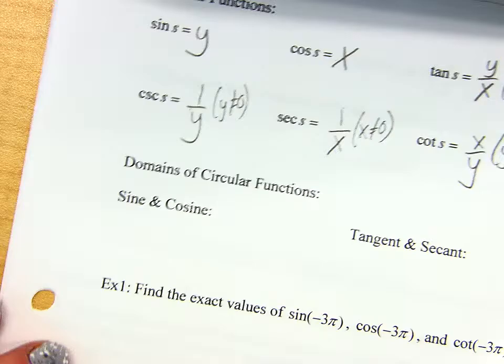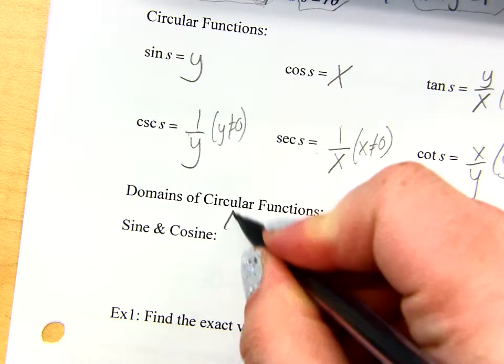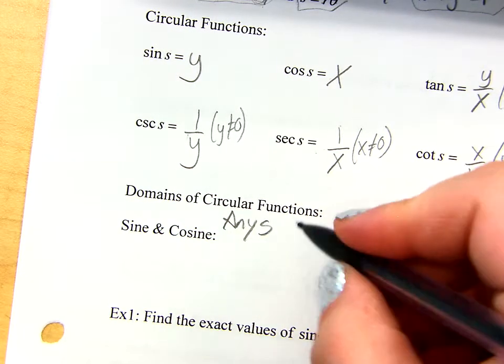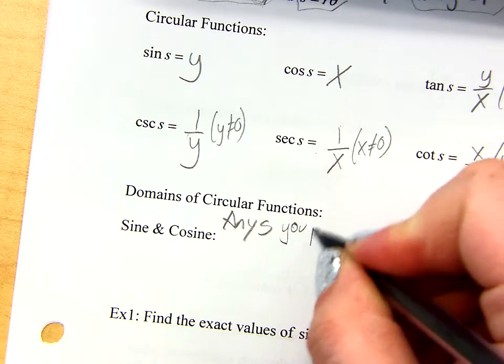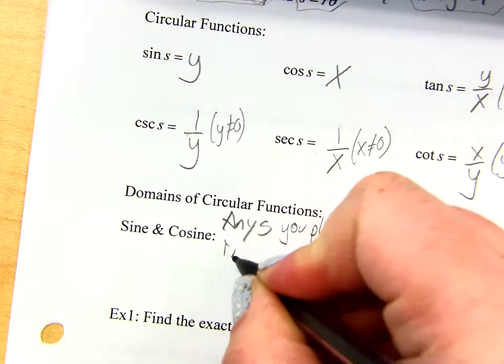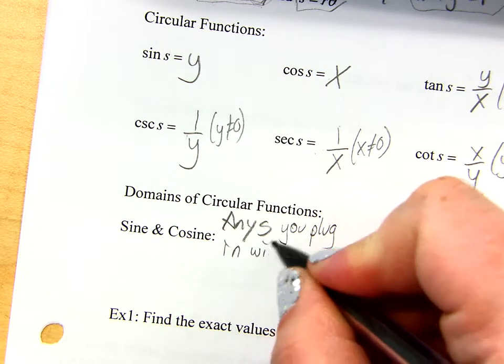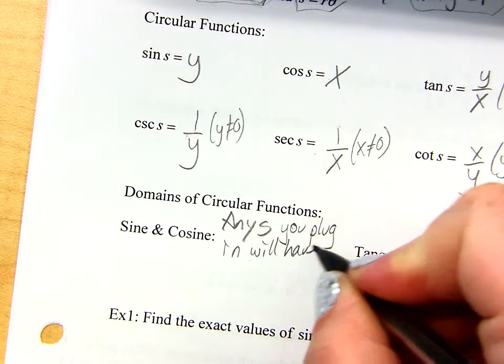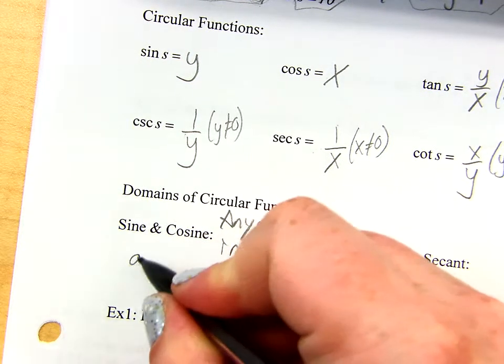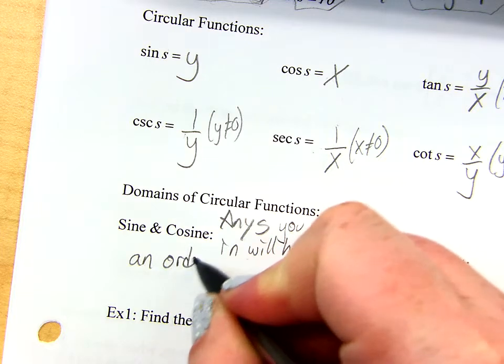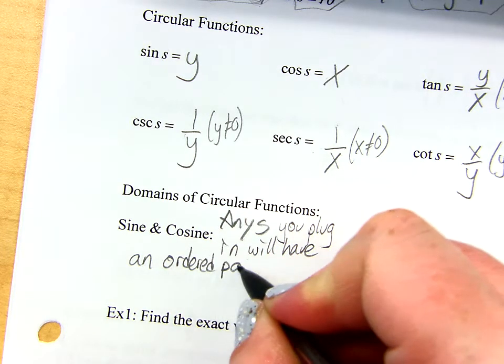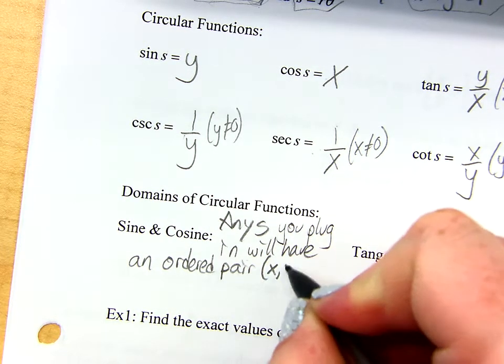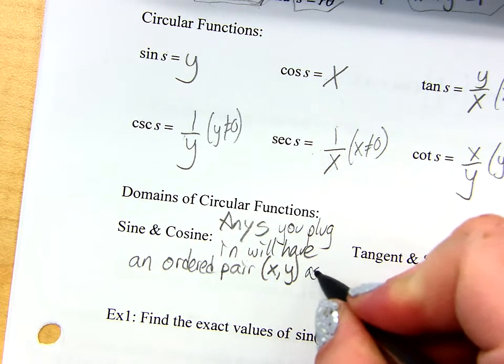All right, so anywho, sine and cosine. Any s you plug in will have an ordered pair, x comma y, associated with it.